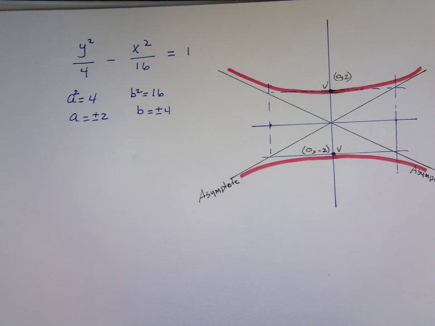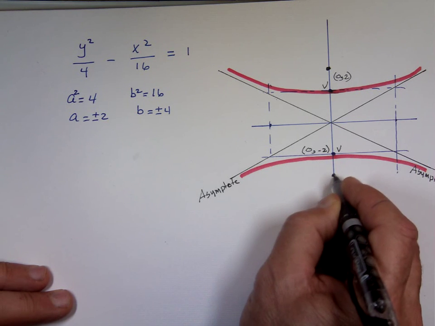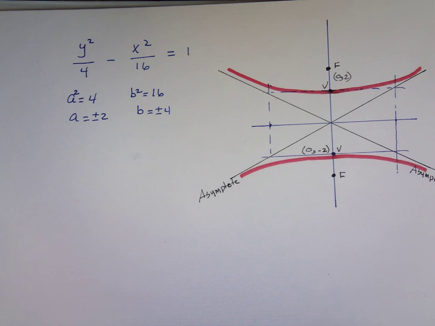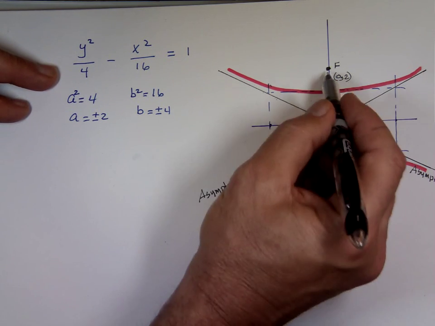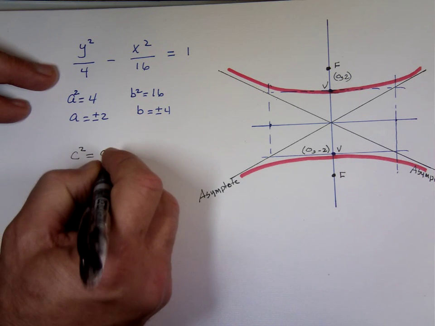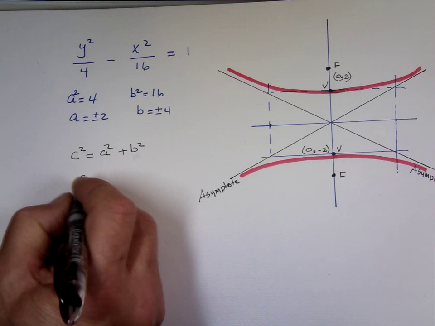Now I got a focal point somewhere here. I have no idea how high, but I got a focal point here and I got a focal point there. What is the coordinates of that focal point? The distance from the origin to the focal point is C. C squared equals A squared plus B squared, which is what, 20?